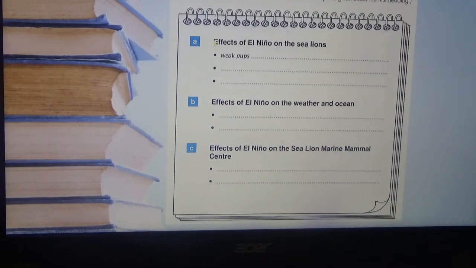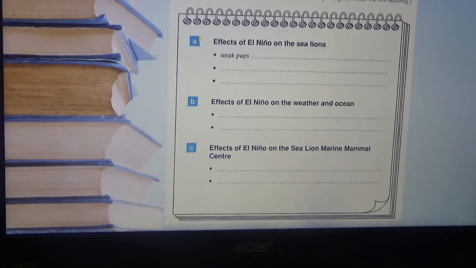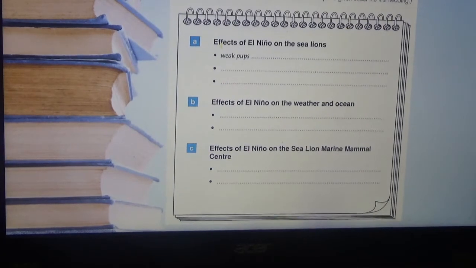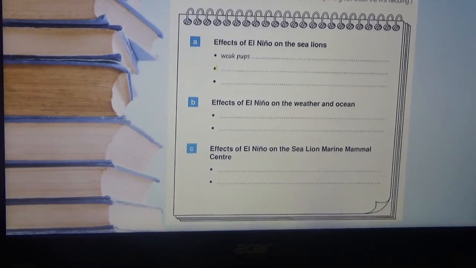All right, for the lines A, you will find that there are lines in the paragraph given for this exercise that you will write about here.